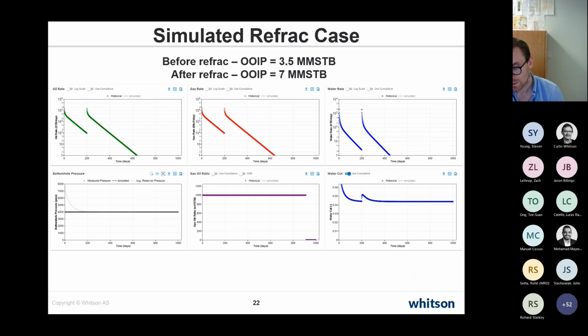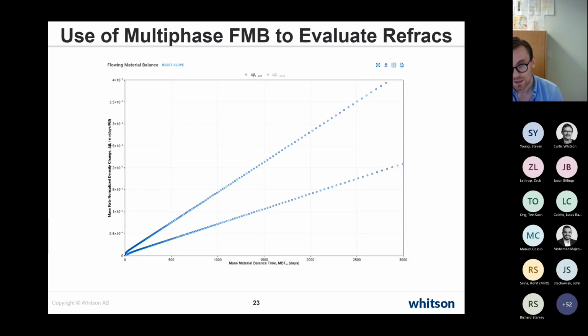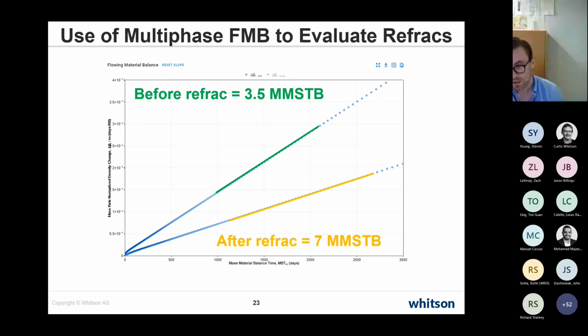What is happening with your multi-phase FMB is that your first slope will yield the correct oil in place after 200 days, and then after the refract, we're getting the correct oil in place as well, which is 2x the first one in this synthetic example. So we know that works.